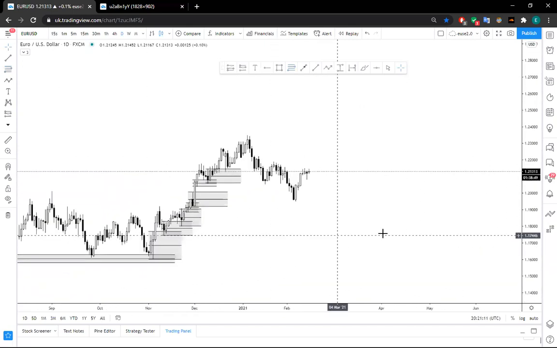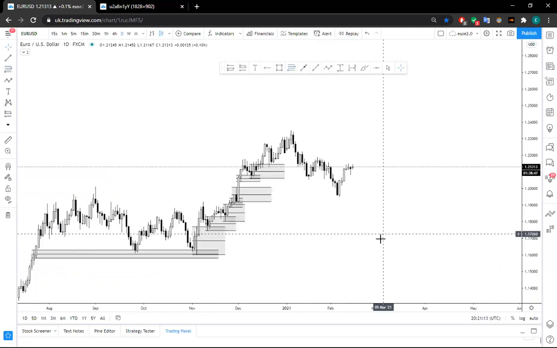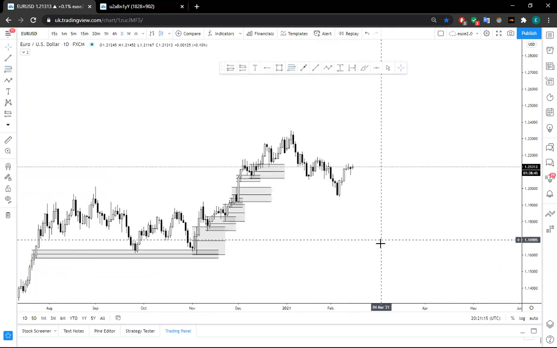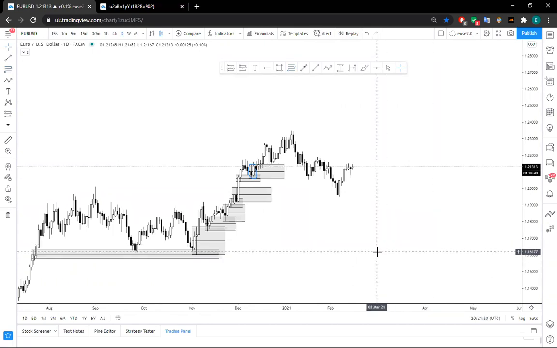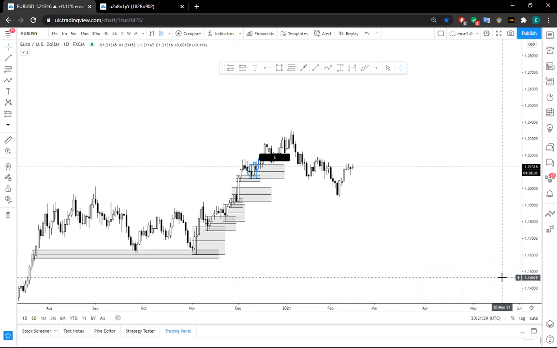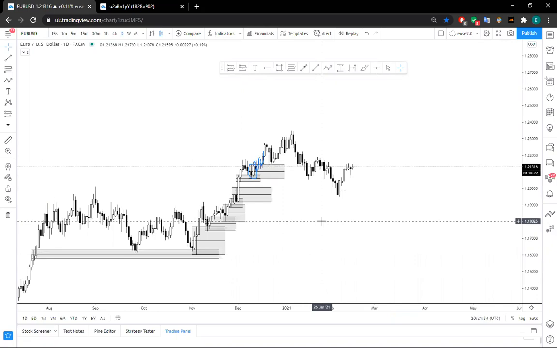All right, so within here there are multiple mitigations that you can see, how if you take this sell to buy, it mitigates and then continues. You could take this to continue your sell, but we normally just generalize this as a re-mitigation around this region.